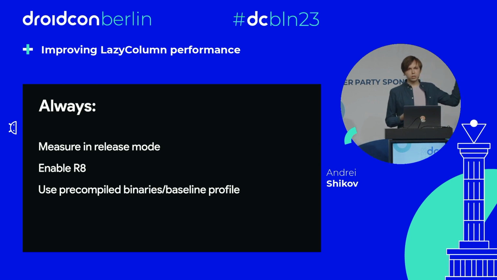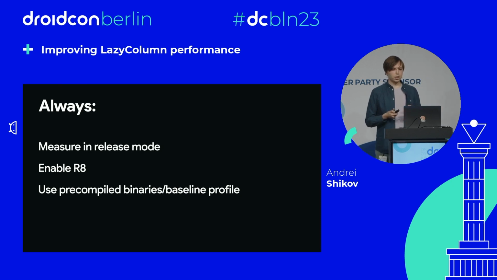When you're optimizing things, you're obviously going to measure them, benchmark in some way. And there are three things I always do before I run my benchmarks. I measure in release mode, not debuggable, I enable R8, and I use precompiled binaries and baseline profiles. I wanted to talk about what kind of slowdown you can expect from each of those things.